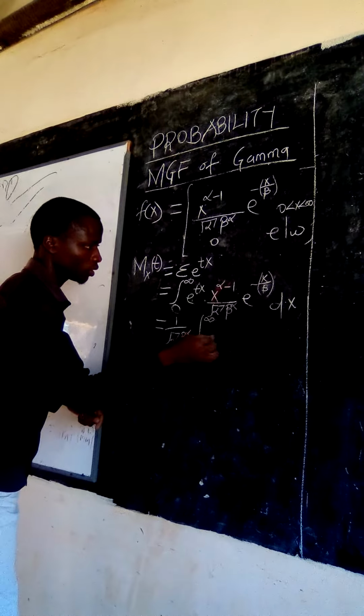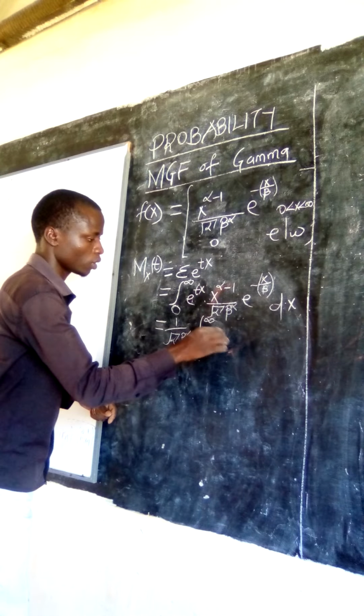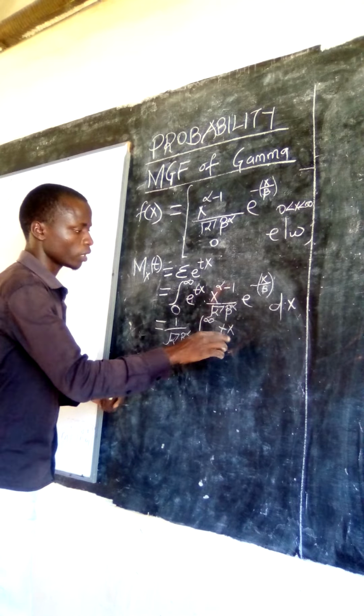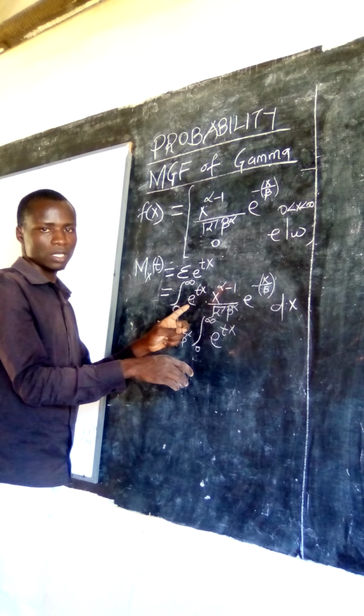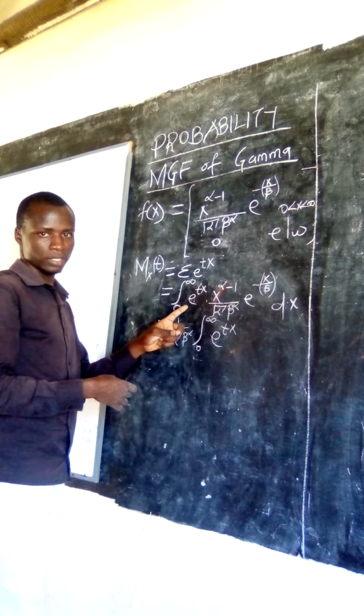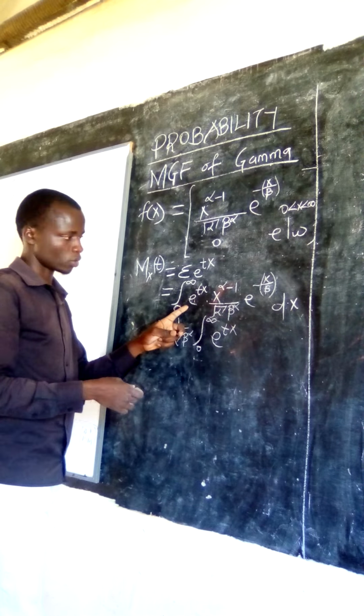So I'll come and say that it is an exponential of tx. Remember, by the time I'm writing the remainder, it is better to consider that exponential and exponential are having the same base, and therefore just bring them together as you collect the like terms. So it is an exponential raised to this one, that is negative x over beta. Then I write x to the alpha minus 1. So that is x to the alpha minus 1. After that, you come up and write dx, because I want to integrate with respect to x.